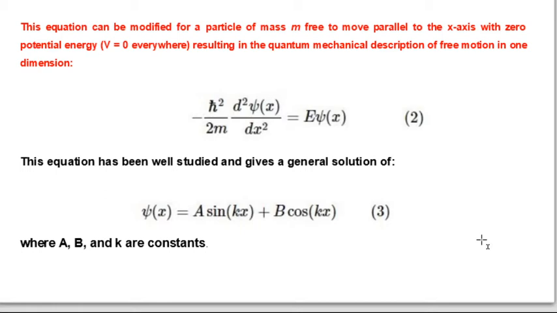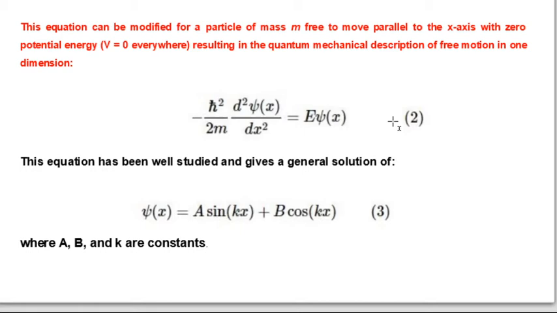And this is a standard second order differential equation. We can put these constants also. This minus h cross square by 2m can be brought to the right hand side, of course.